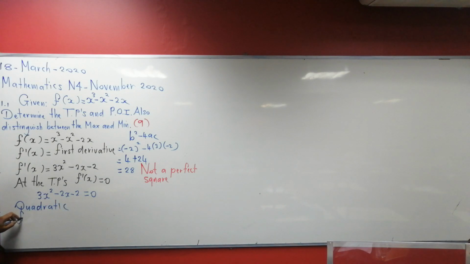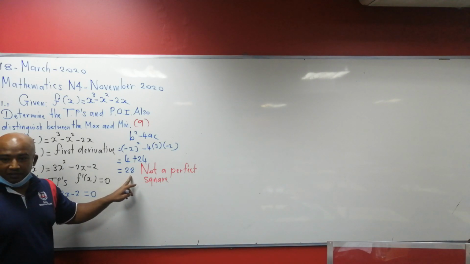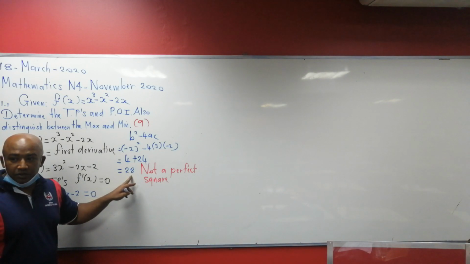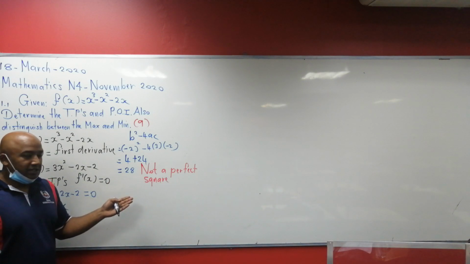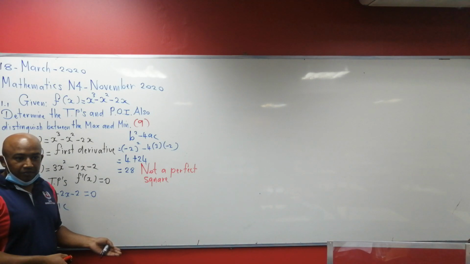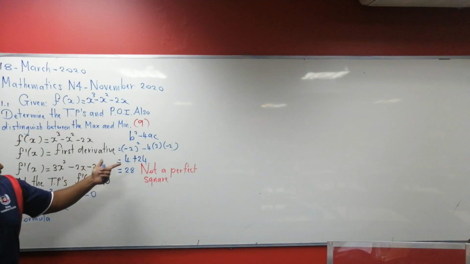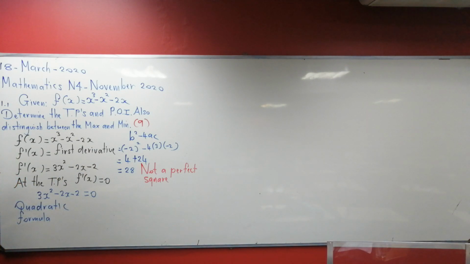So the quadratic formula. So remember, if I had an answer of maybe 25, 25 is a perfect square because 5 times 5 is 25. The square root of 25 is 5. So then you'll know that this can be factorized only if b squared minus 4ac is a perfect square.